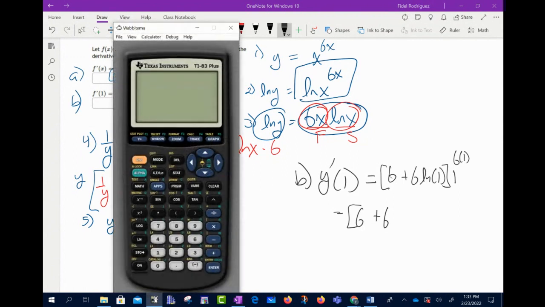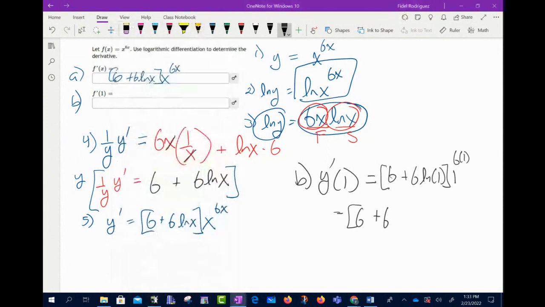I want to figure out what the natural log of 1 is. On my calculator, here's my ln. ln of 1 is 0. Okay. 1 to the power of, what's 6 times 1? 6. So 6 plus 6 times 0 is 0.